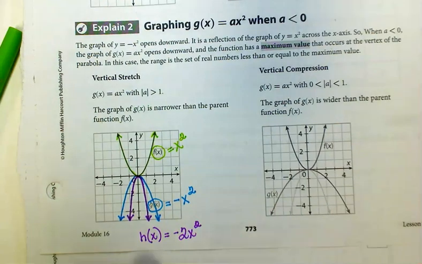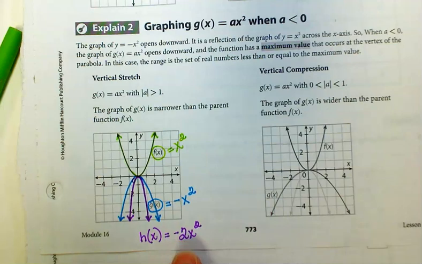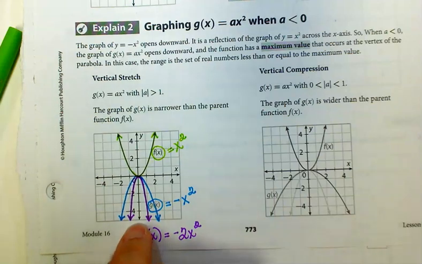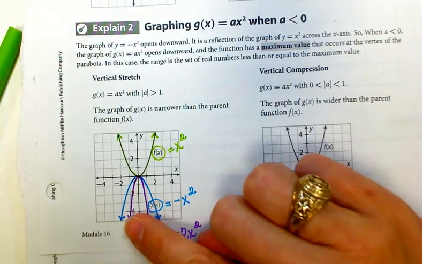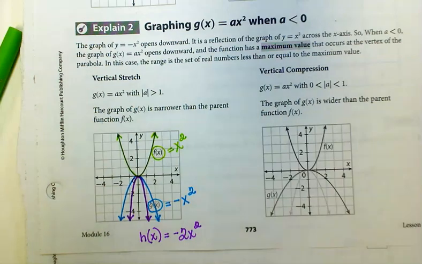So something like this, negative 2x squared. So the absolute value of a is greater than 1, which means it's going to be a stretch. But a is actually negative, which means it's going to point down rather than up. Okay, it's both a reflection of the parent function and a stretch, so it's both.